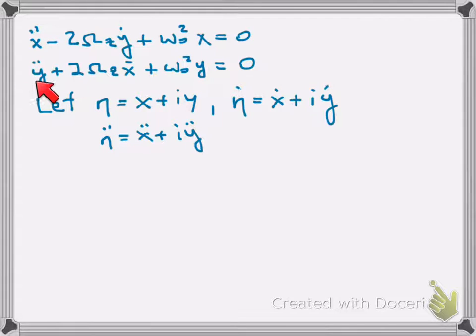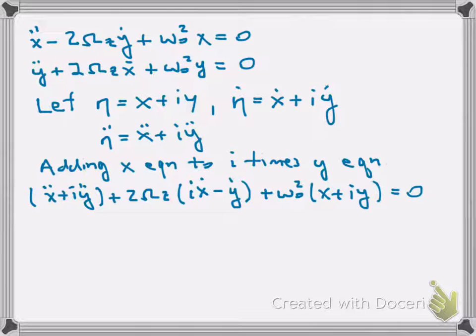We're going to take the second of these, the y equation, and we're going to multiply the y equation times i and add it to the x equation, and then see if we can plug in so that instead of having x dot, x double dot, y dot, and y double dot, we have everything in terms of eta. So as I said, we're going to do the top equation plus the bottom equation times i. Let's see what we get.